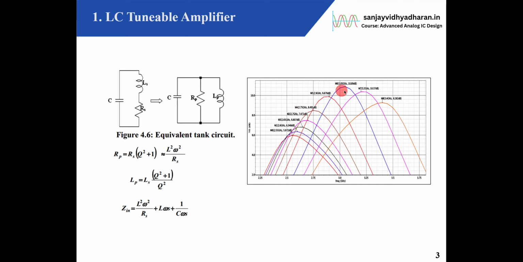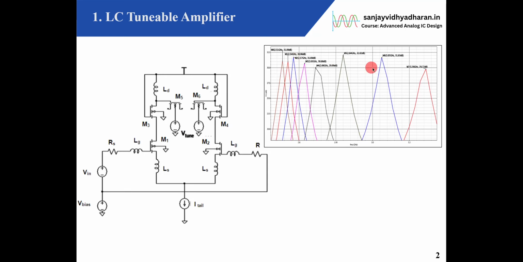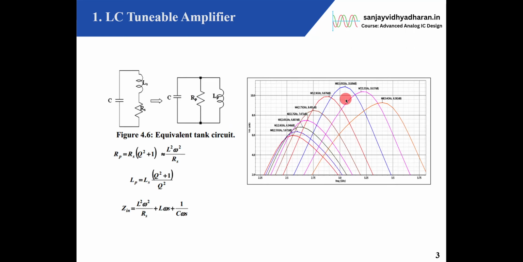If you see here, the bandwidth and selectivity, the ability to reject the unwanted frequency, is degraded because it becomes very wide. So that was the drawback.